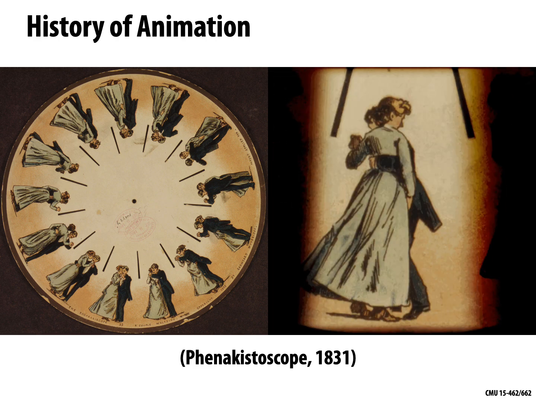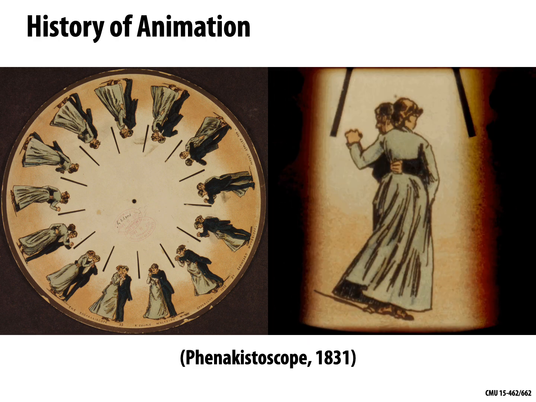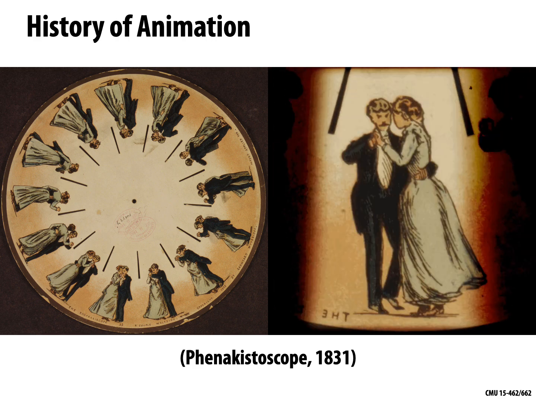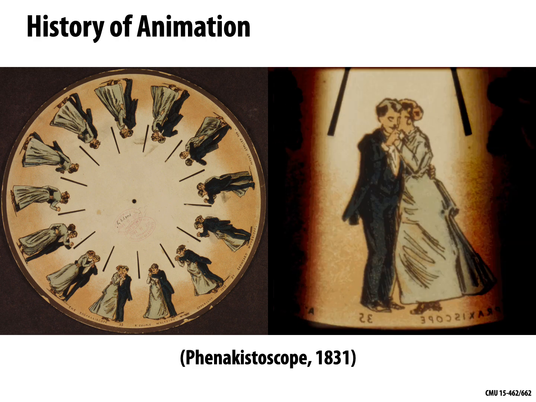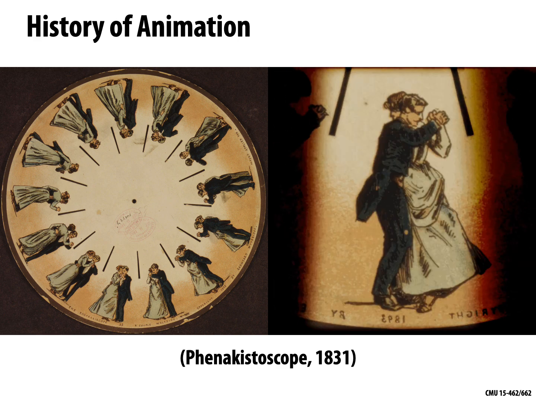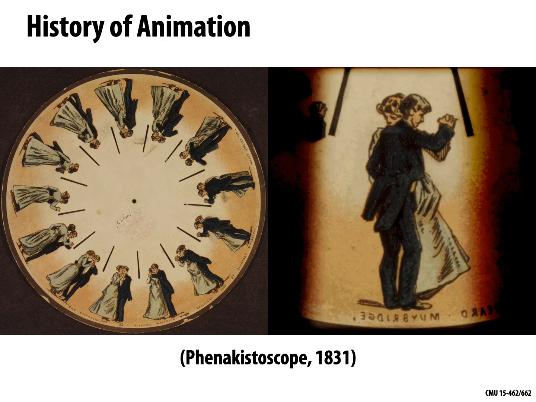You're essentially taking advantage of aliasing to trick the eye, to trick a human observer into believing that motion occurs. So we'll talk a little bit about these perceptual issues today. And the slit is needed in this case to avoid this thing from just being a blur when you look at it spinning. So we really want to capture snapshots of this disc at different moments.